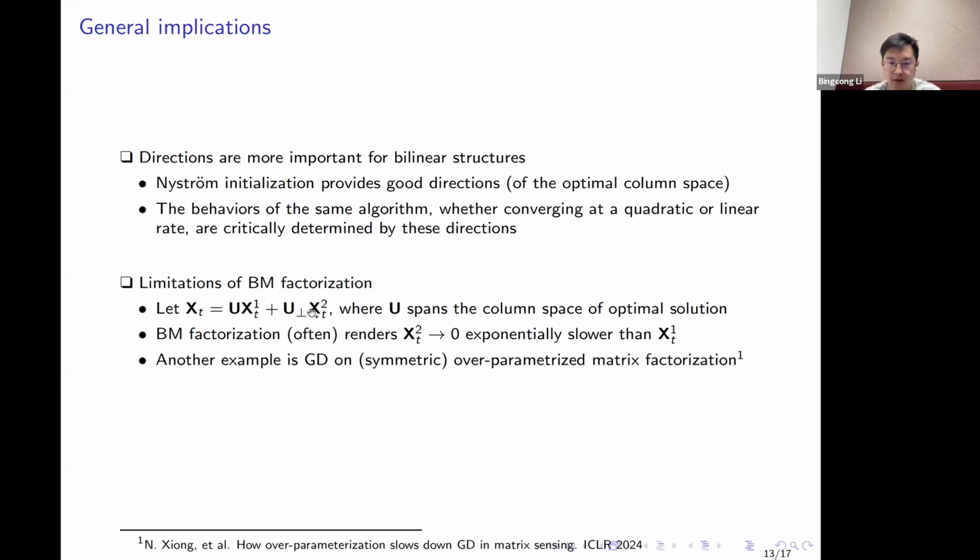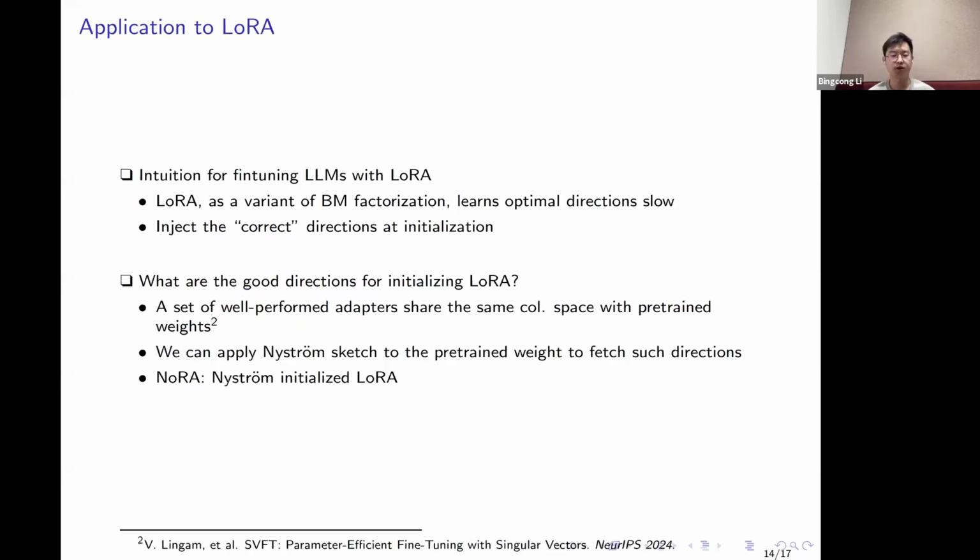But unfortunately, learning this xt2 is very, very slow. There is another work from ICLR 2024 showing the same thing. The problem is a little bit different, but the technical reason is essentially the same: xt2 converges to 0 quite slowly. So this is our intuition: learning this direction is really important.